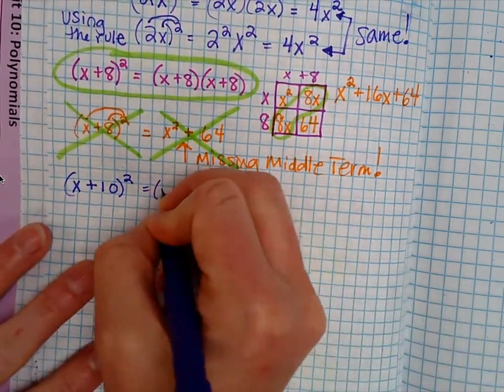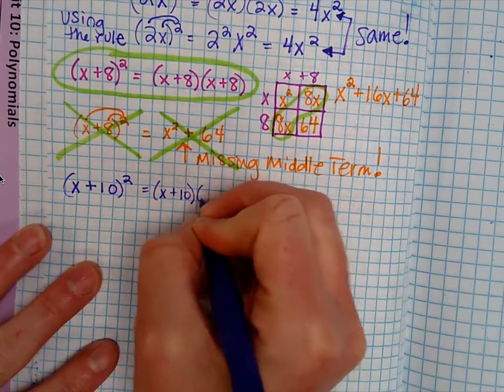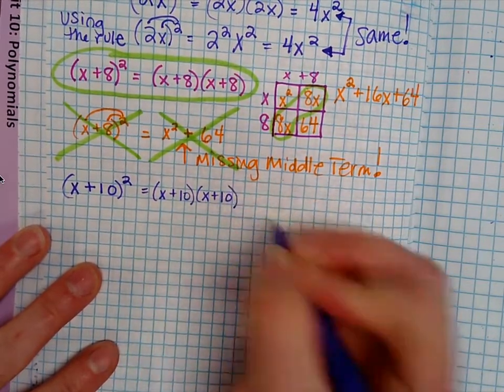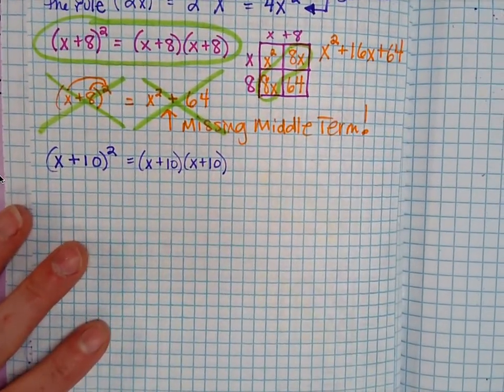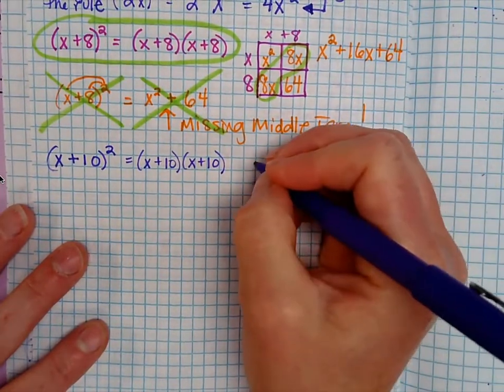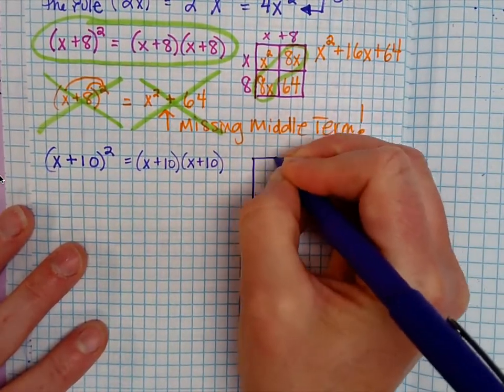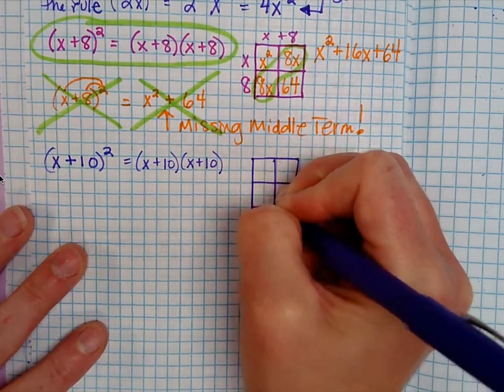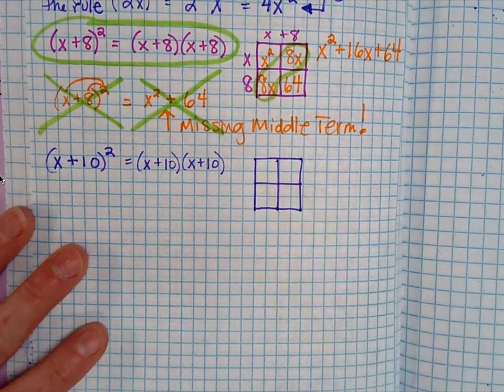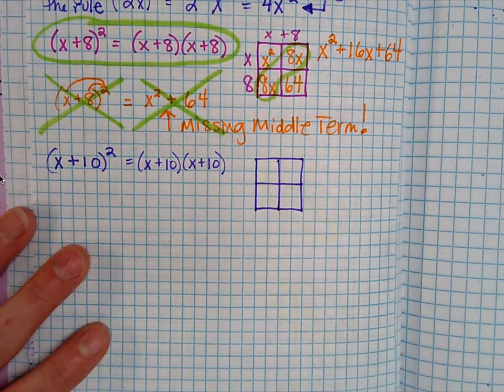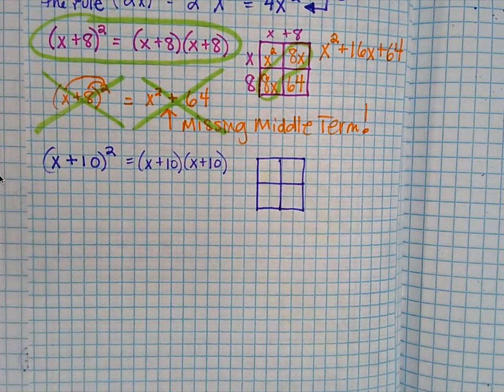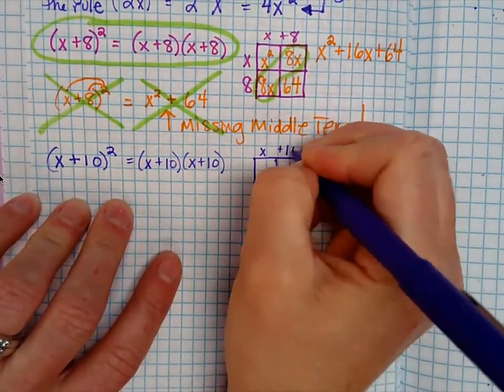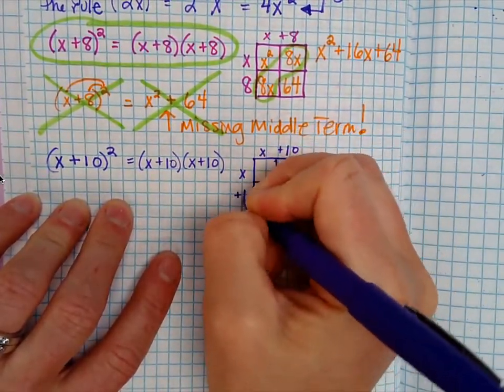So this means x plus 10 times x plus 10. So we have x plus 10, x plus 10.